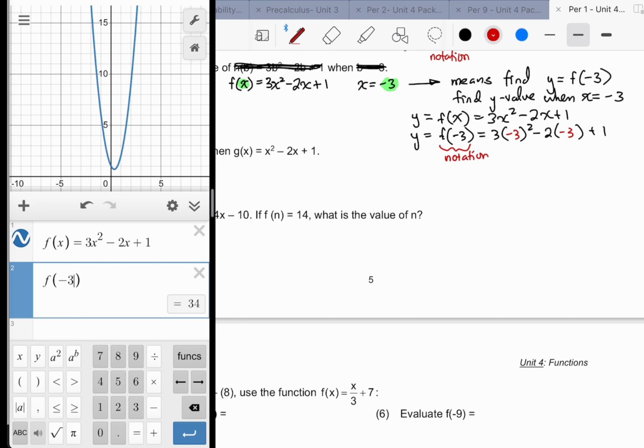I'd be looking at 3 times -3 squared. -3 squared is still 9, times 3 is 27, plus 6 plus 1 gives you a result of 34. So either way you're going to get it. Both ways rely on the notation.